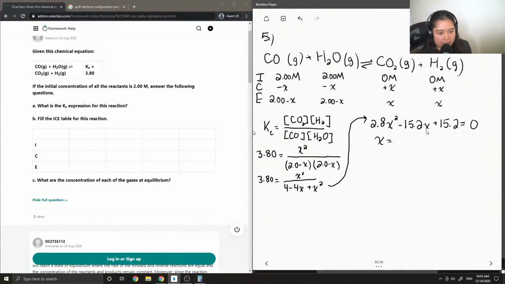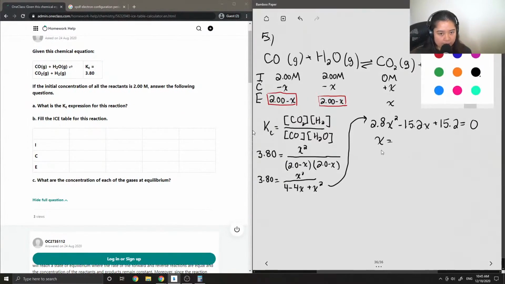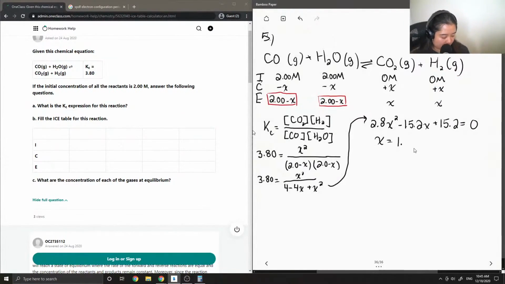So the x value that you want is going to be less than 2. And we know this because if it was greater than 2, then we would get a negative concentration when plugging it into 2 minus x for our reactants. So if we take the value that is less than 2, you should get x equal to 1.32.